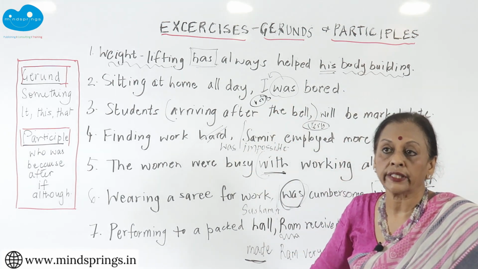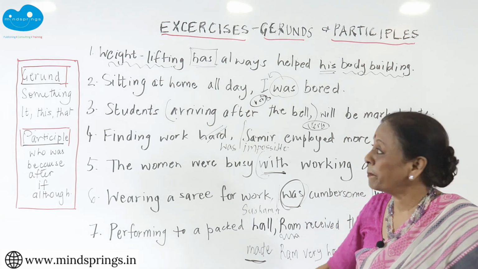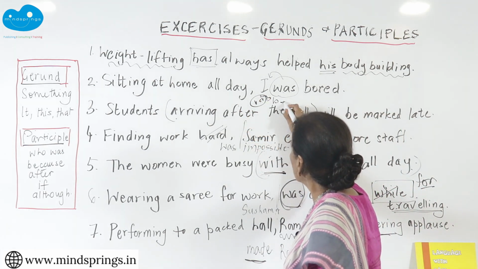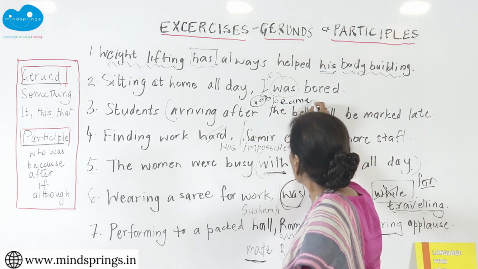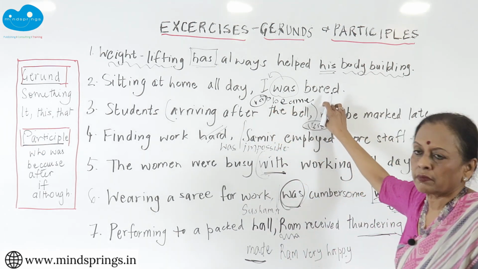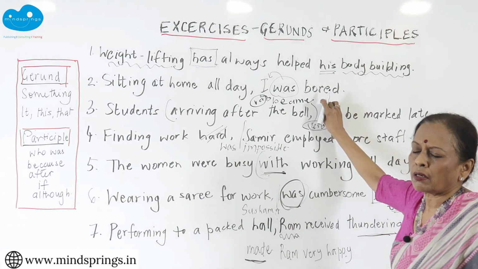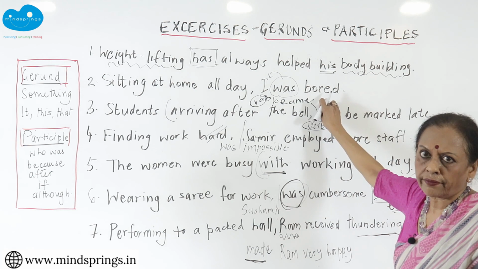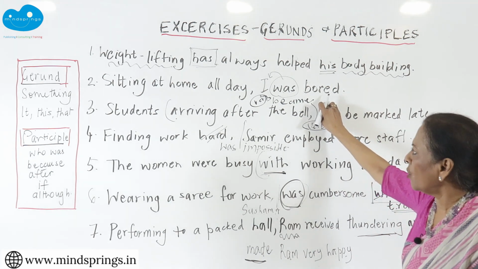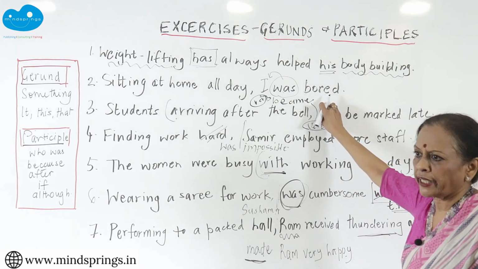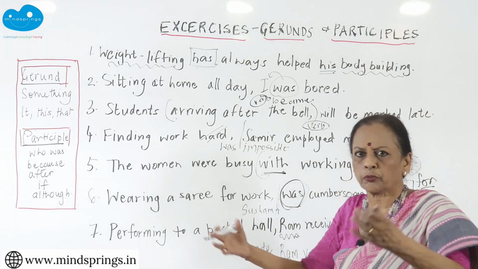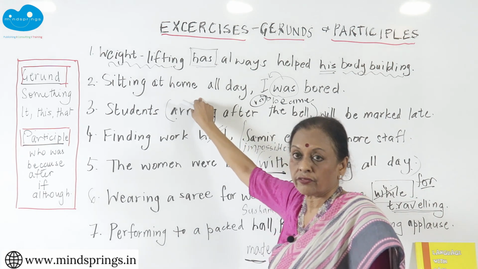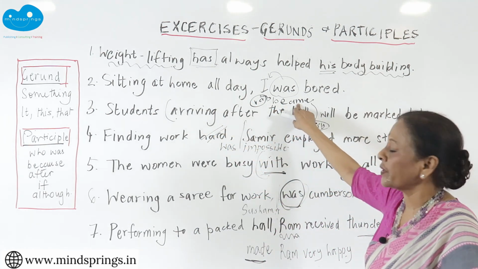Sitting at home all day became, let's put became, horrible, or became a very boring day, or sitting at home all day became tiresome. I can put an adjective after it and it will become a gerund phrase because it is hitting a verb.